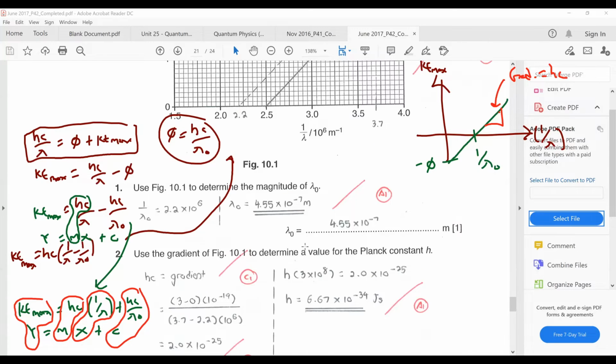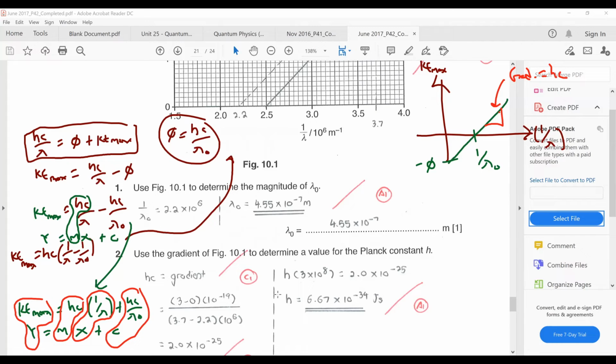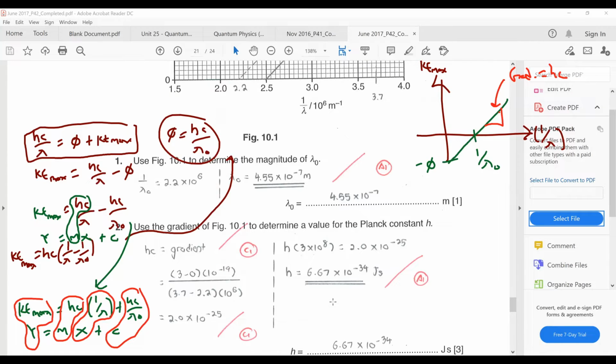So find out your gradient, take 2 points, equate it to hc, and then find out your h directly. You should get this answer, 6.67 times 10 power minus 34.